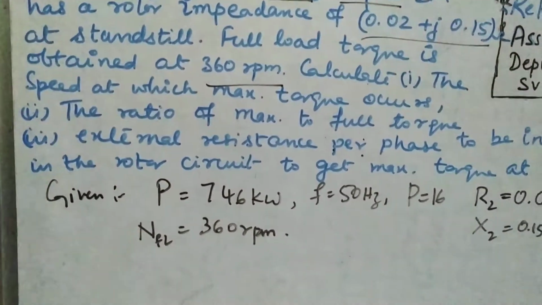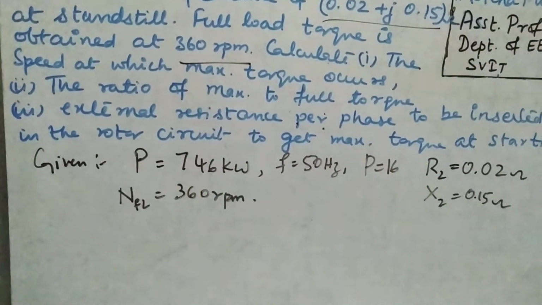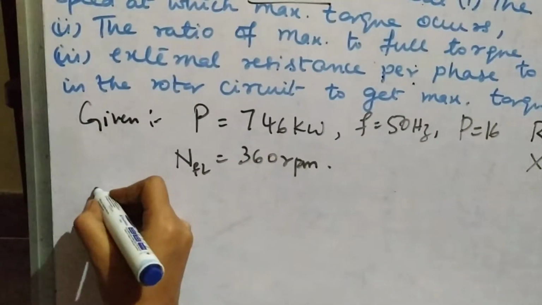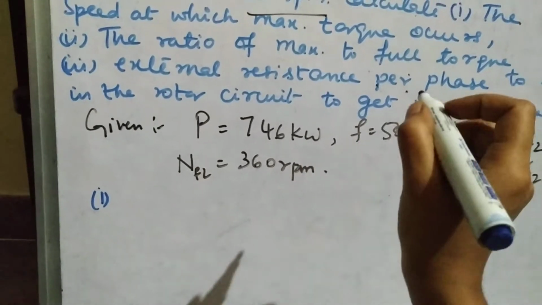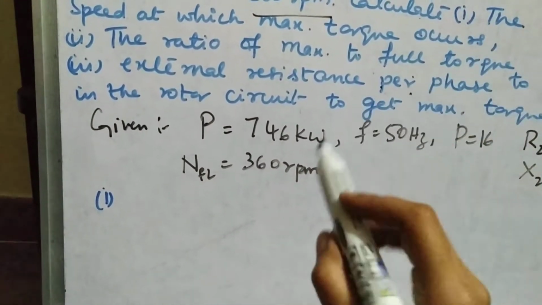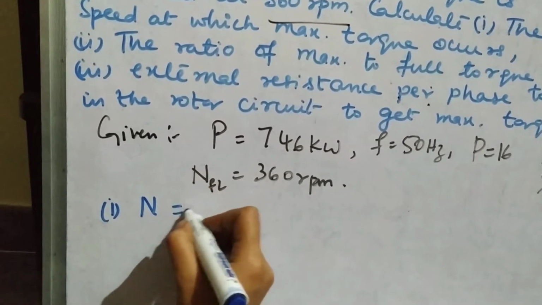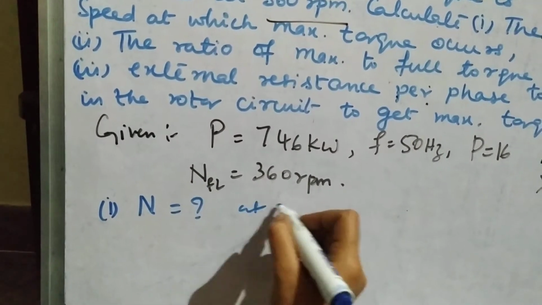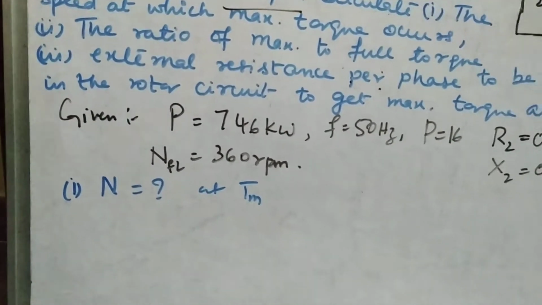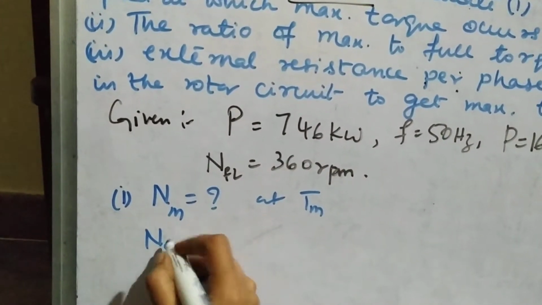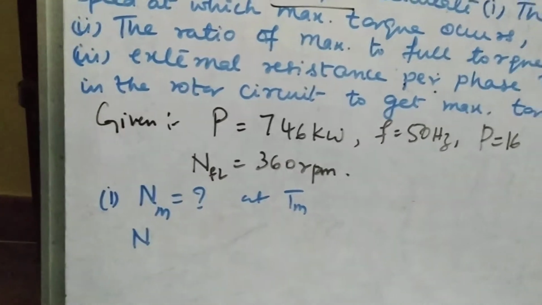Here we have to determine the values. Sub-question 1 is the speed at which the maximum torque occurs, that is, the N value at which the maximum torque occurs, which is nothing but Nm.